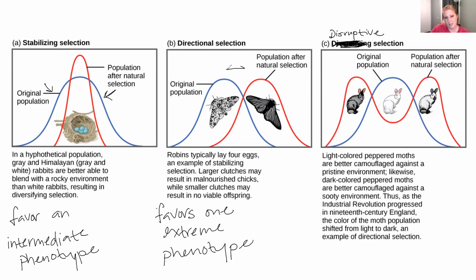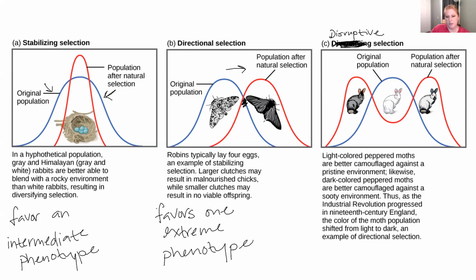They were on this side, probably on the descending side of this, right? It means there are fewer individuals that had this. However, after directional selection, there are now more individuals that have this darker or extreme phenotype.